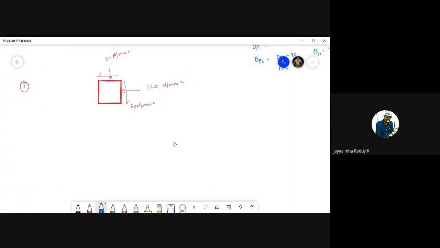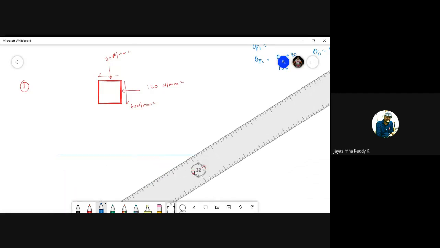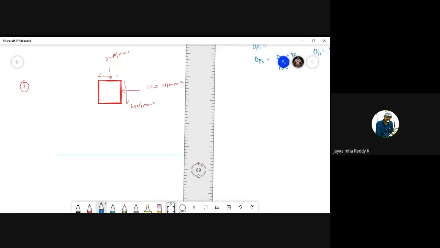So first and foremost step is you have to draw the coordinates. So both are negative, right?